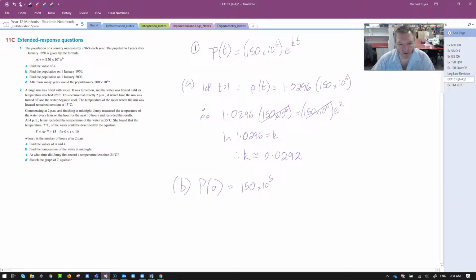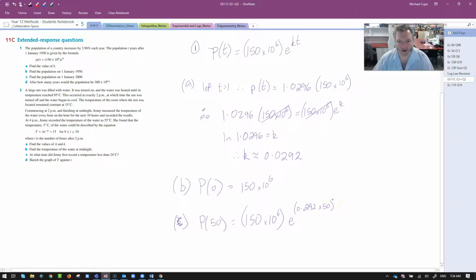Find the population on the 1st of January 2000. So 50 years later. Not question 3, part C. So the population after 50 years is going to be 150 million multiplied by e to the 0.0292 times 50.